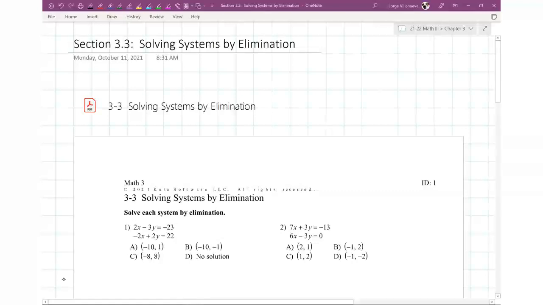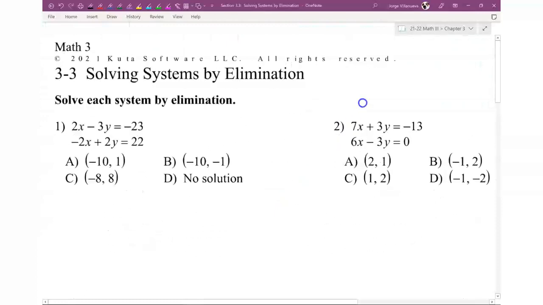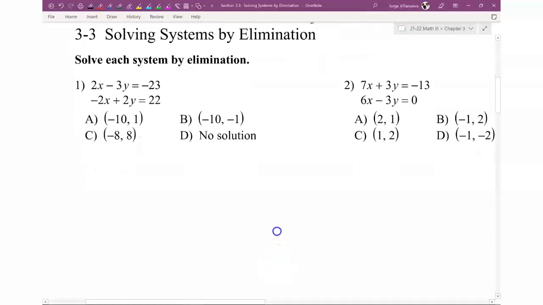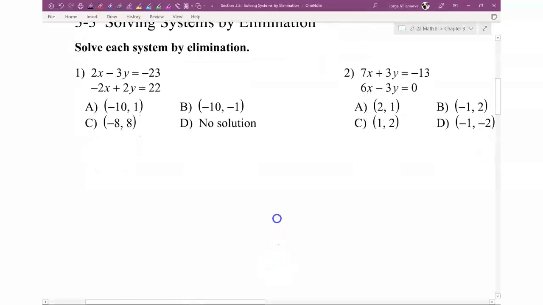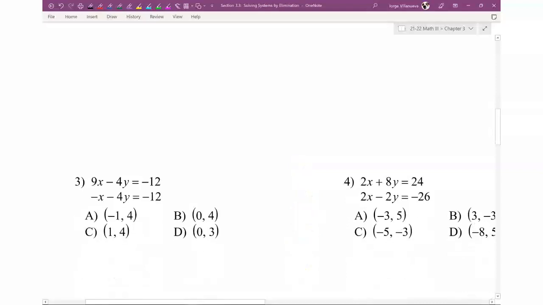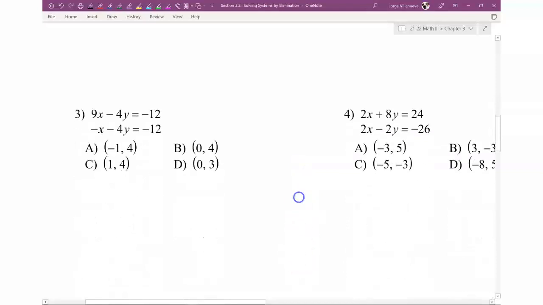Now, notice for this right here, they don't really give us anything that's solved for y. Sometimes they might, but usually they give you two equations. So you can see right there, it's two equations in standard form. It doesn't say y equals the following, right?